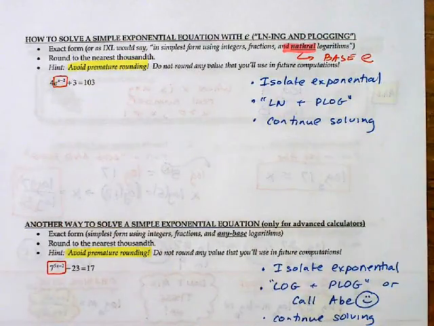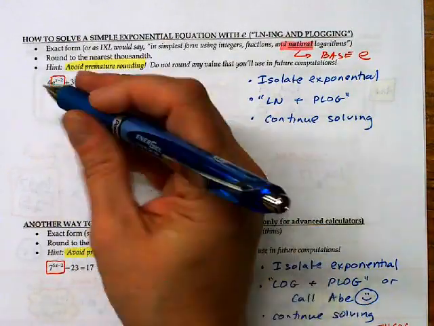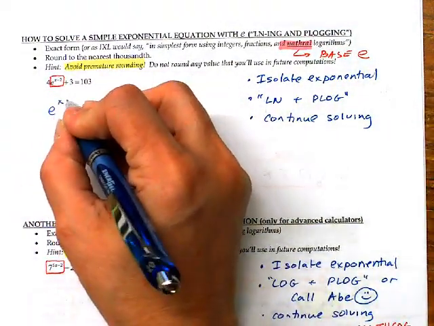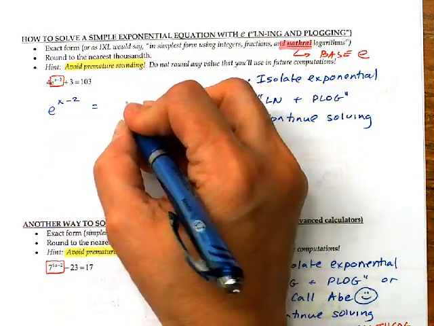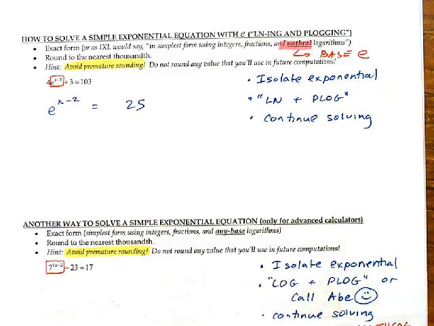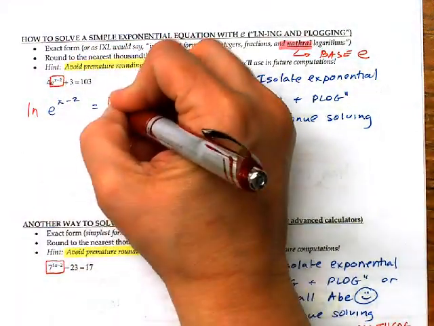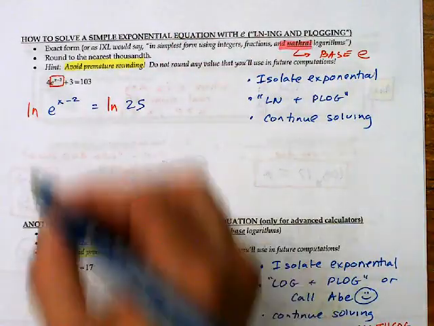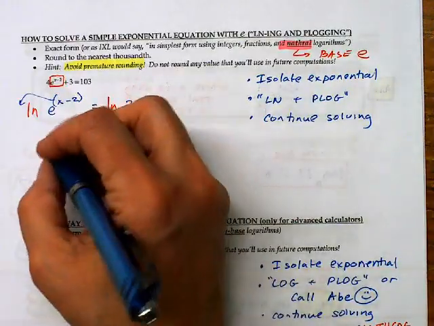So if we isolate the exponential, I'll subtract 3 from both sides, and then divide both sides by 4. And that will give me that e to the x minus 2 equals 25. Natural log both sides. And the x minus 2 plugs on down in front.